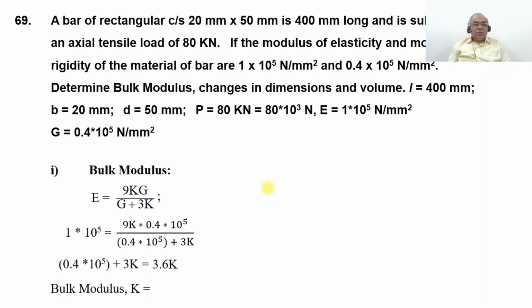So the bulk modulus K, on simplification, you are going to get as 0.667 into 10 to the power of 5 Newton per mm square.